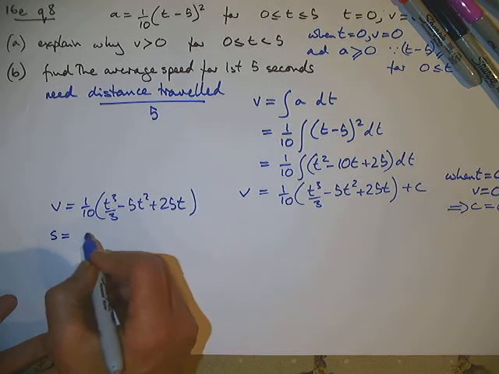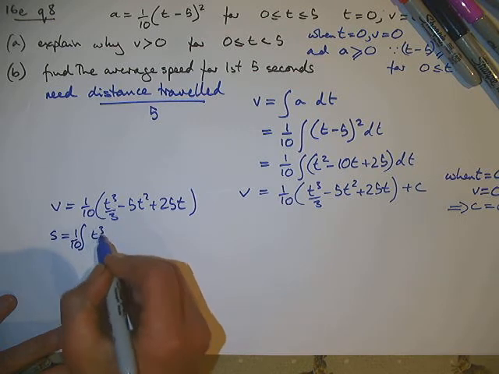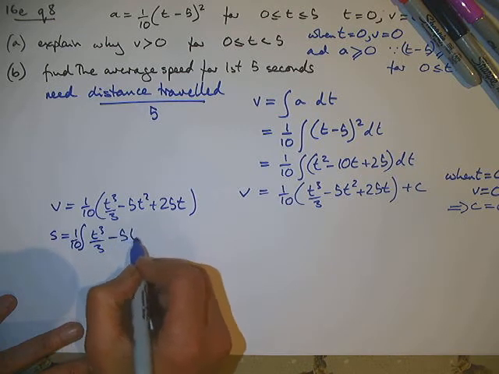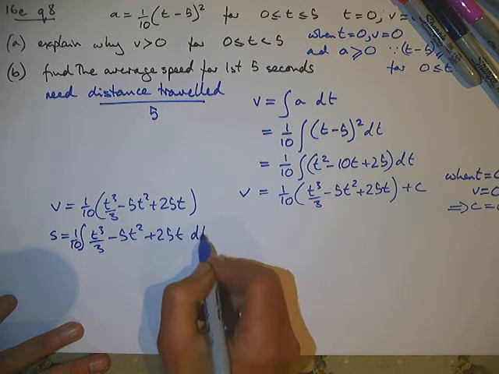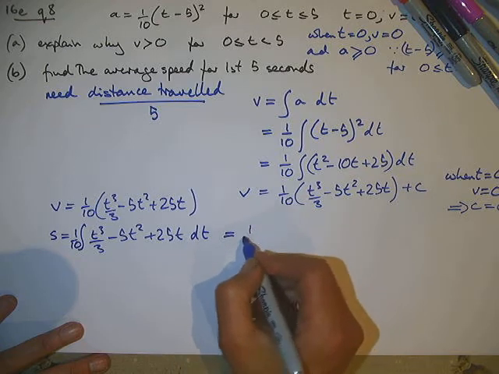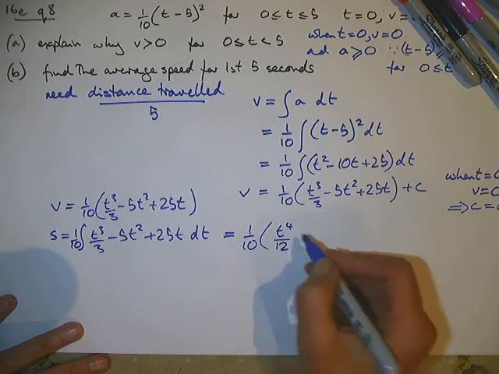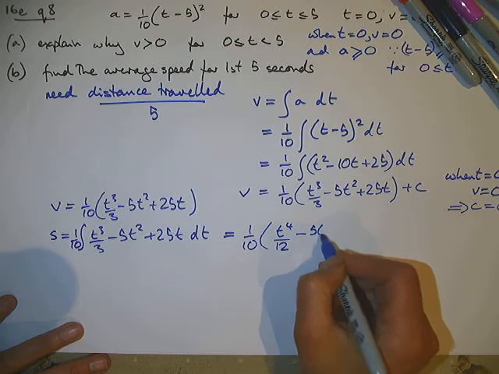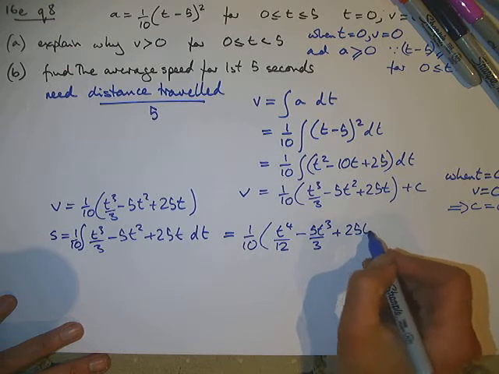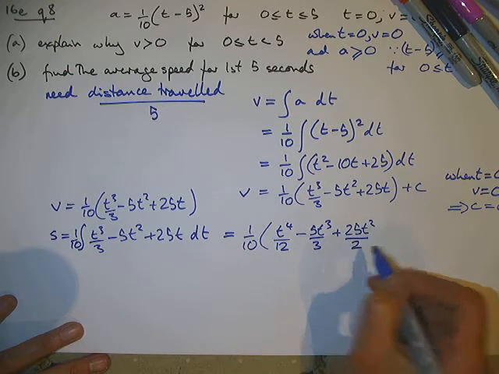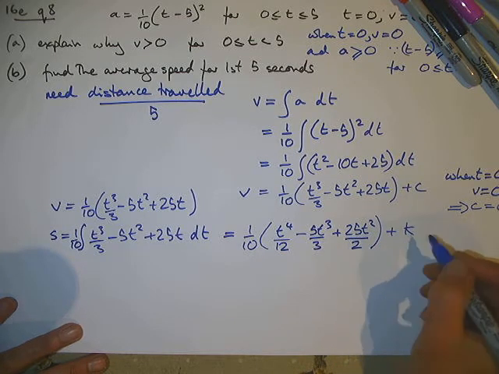S is the integral of that. So again, I'm going to put the 10th in front. Which is a 10th of t to the 4 over 12, take 5t cubed over 3 plus 25t squared over 2 plus k.